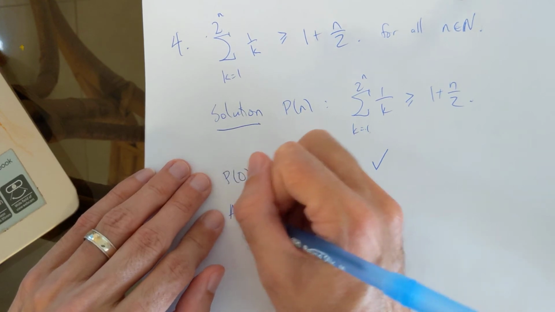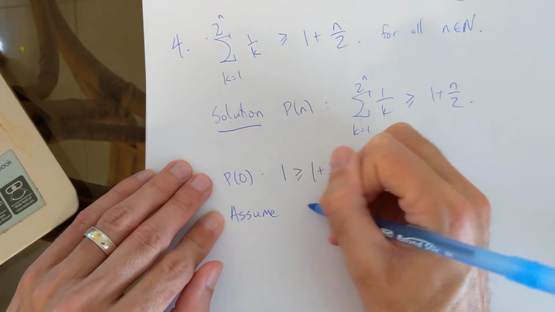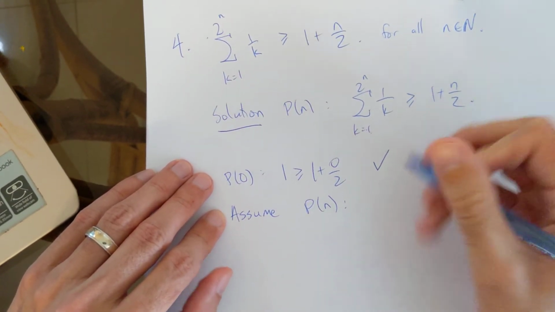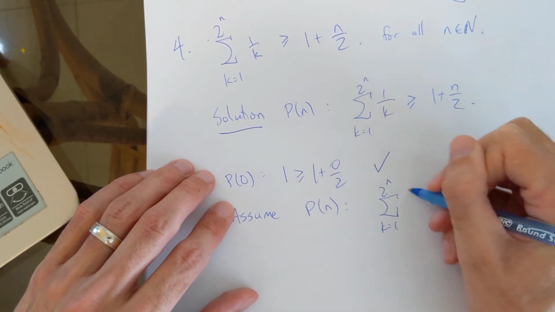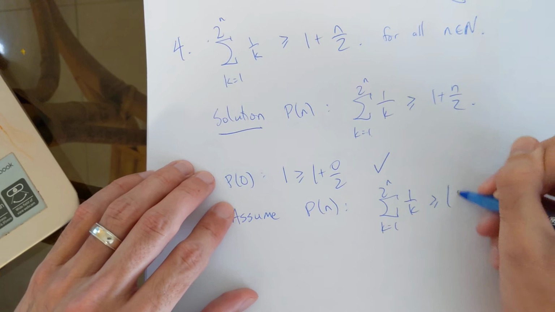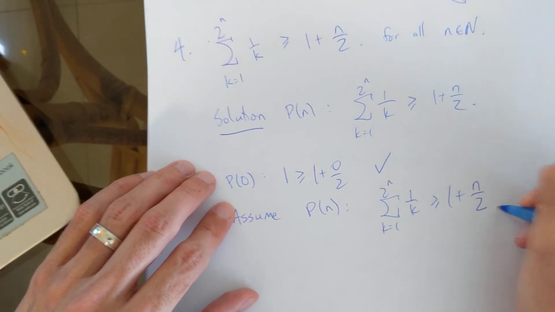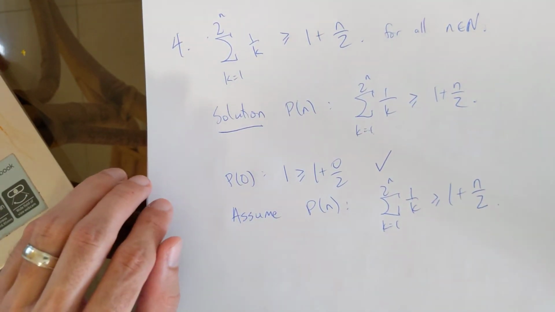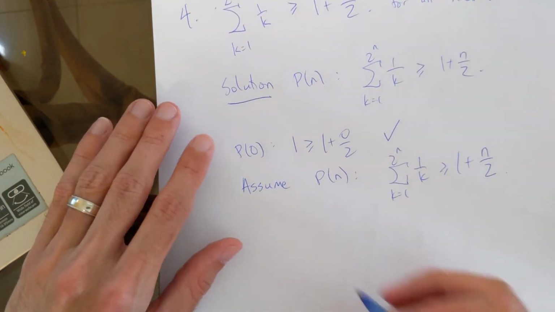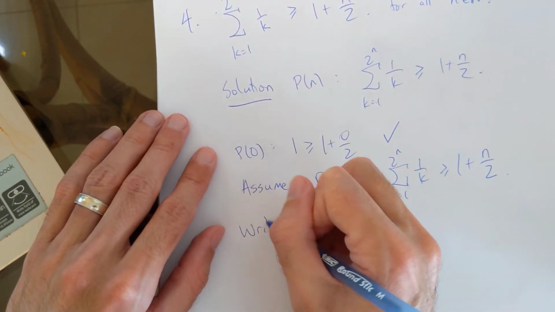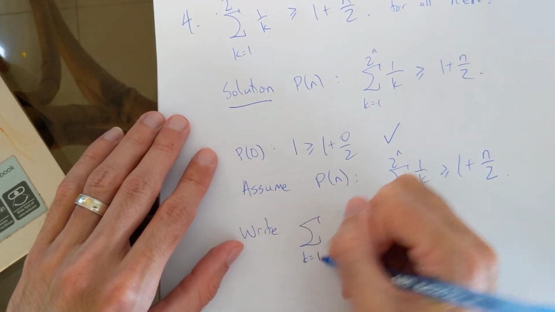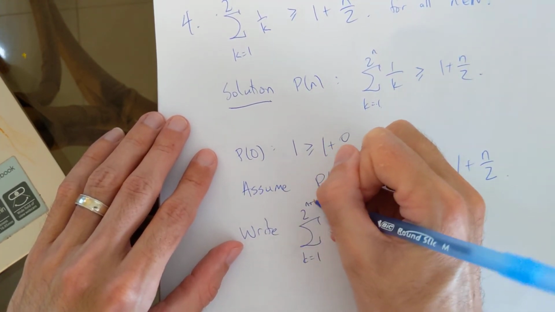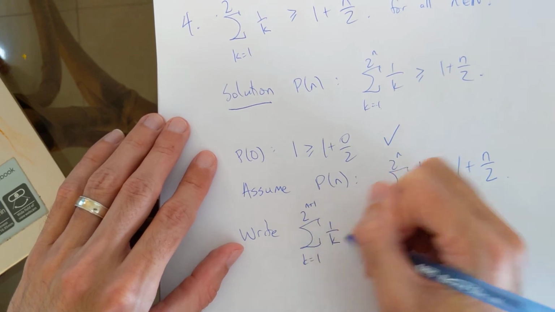Okay, now we assume p of n. That is, we assume the summation from k equals 1 to 2 to the n of 1 over k is bigger than or equal to 1 plus n over 2. We have to prove p of n plus 1. So first we write the summation from k equals 1 to 2 to the n plus 1 of 1 over k.